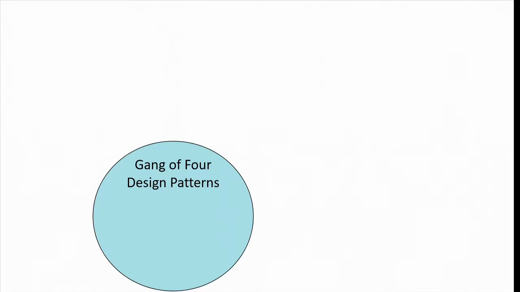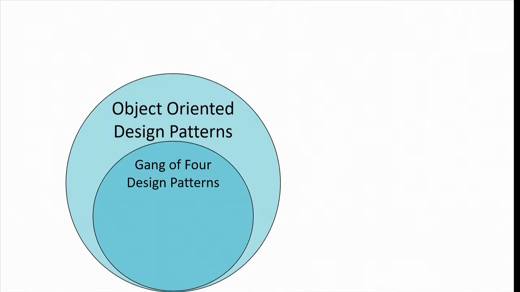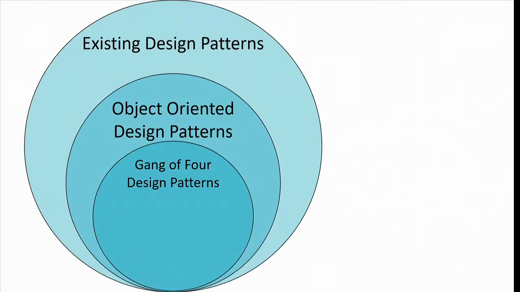So if we look at design patterns, this is how it started a while ago. Then the community added more object-oriented design patterns to the ones that were already in the Gang of Four book. And then people like Martin Fowler and many others have added non-object-oriented design patterns. So wherever there is software and there is a problem to solve, you can think of it in terms of design.